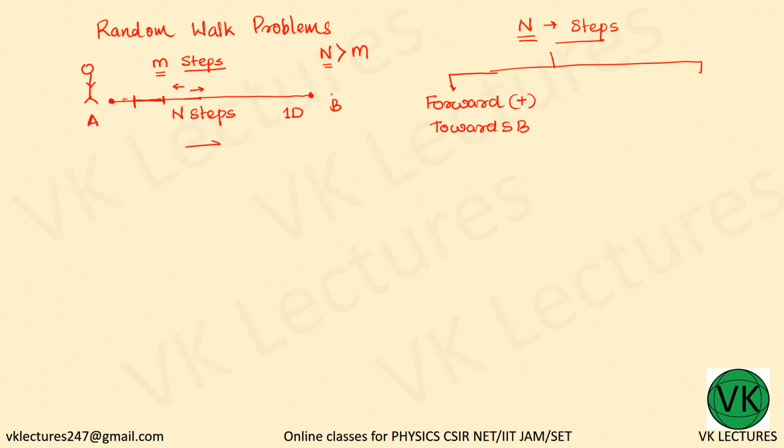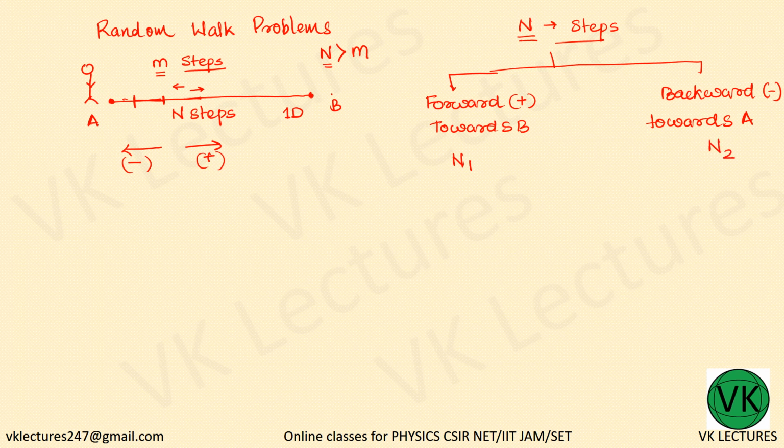This is the negative direction towards A. So in the positive direction he is taking n1 number of steps, and in the negative or backward direction, towards A, he is taking n2 steps.